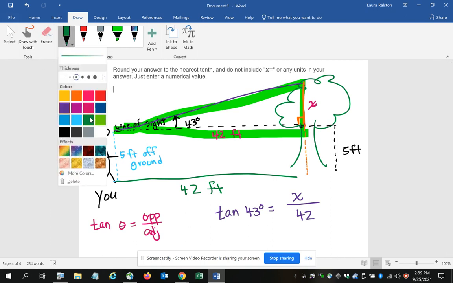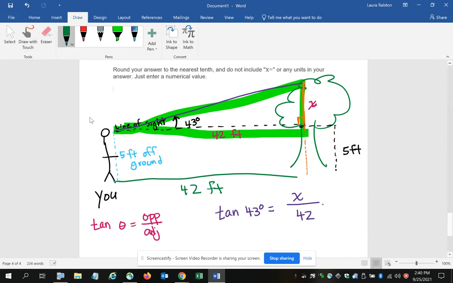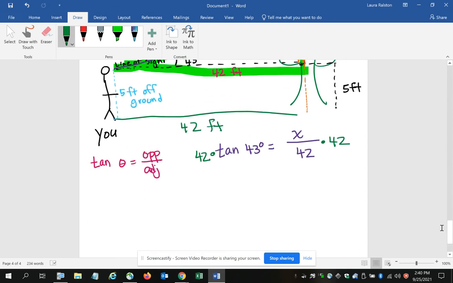I'm going to solve for x, multiply by 42 on either side. So I have 42 times the tangent of 43 degrees equals x.